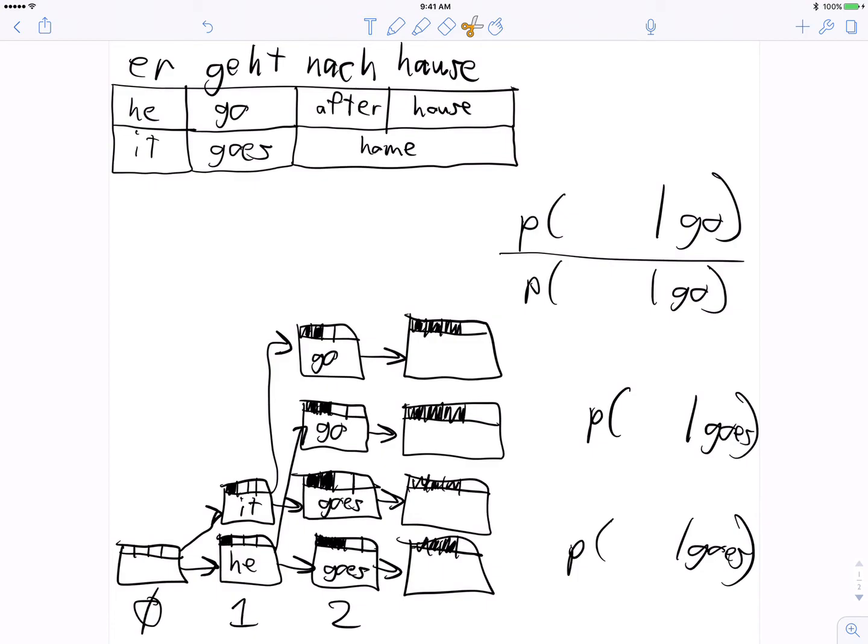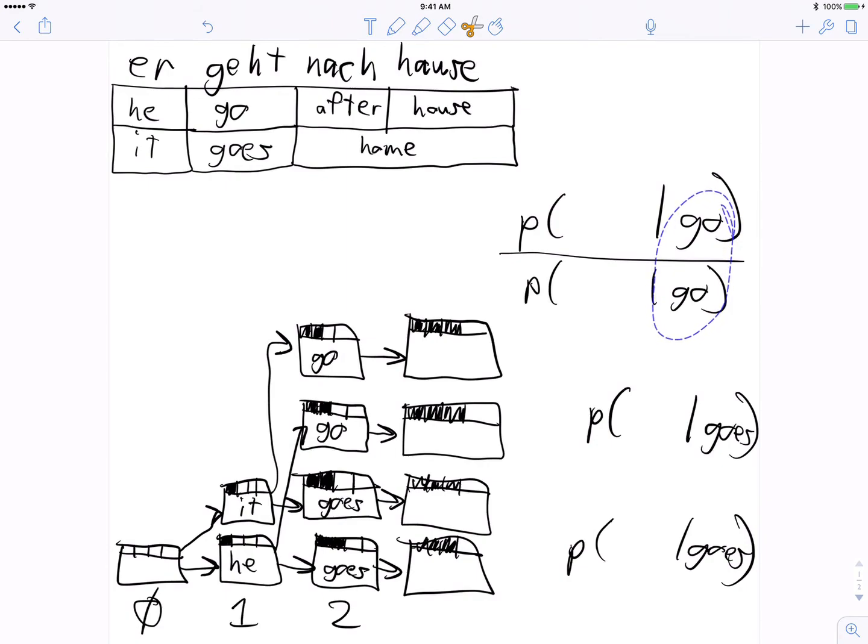So, that means that when we extend this hypothesis cell, this entry, with something over here, regardless of what that something is, we're going to end up that these two are the same because these two had the same language model history.